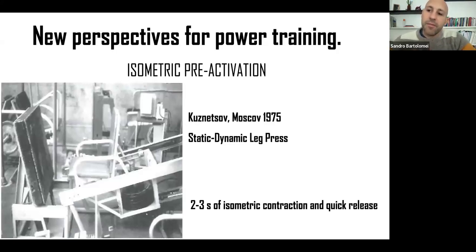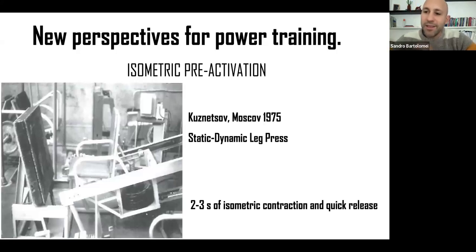Apparently, this device could be stopped and immediately released. So at the beginning, the participant was able to perform an isometric contraction and then quickly release the possibility to move the press, and then an explosive contraction can be performed.